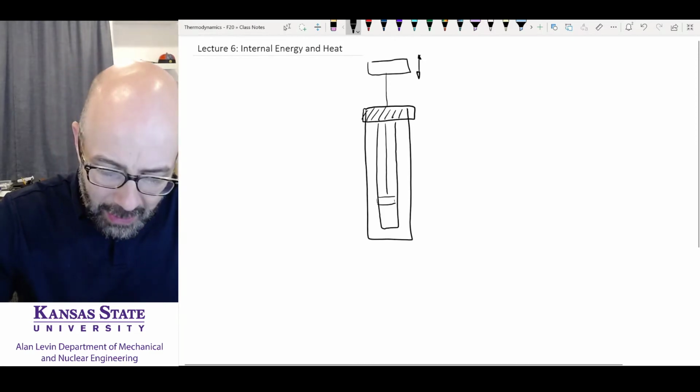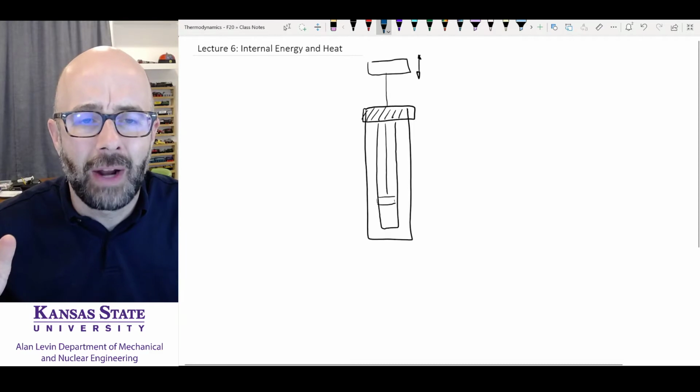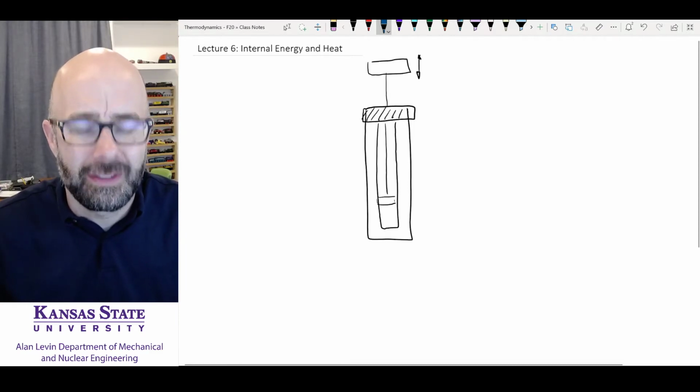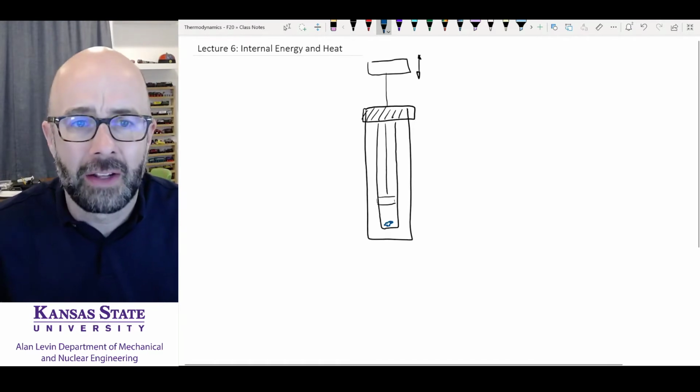And what I do, and this is a terrible drawing, look up fire syringe on YouTube right now if you want to see a better version of this. There's a piece of flammable cotton put down there at the bottom.